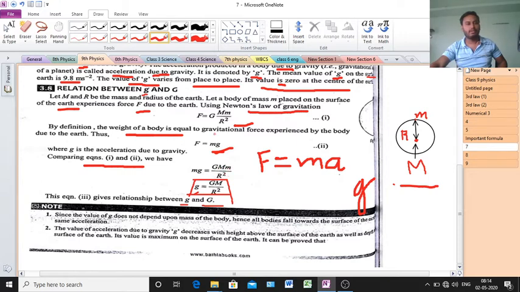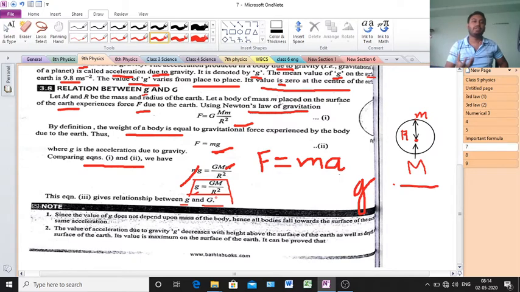Just a simple comparison. Here is small m, here is also small m, so you can cut this. Then you will get g equal to GM by r square, that means small g equal to capital G M by r square. Clear or not?